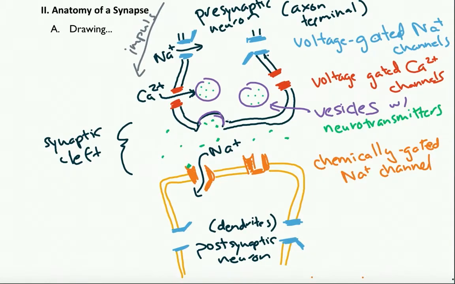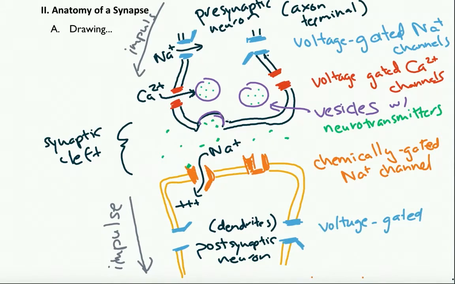And just like an action potential, that's going to make the inside a little bit more positive, which is then going to start inducing an action potential on the second neuron, because that charge change is going to open up the next part of the neuron's channels. It's going to do it through a charge chain, which means it's going to open up another voltage-gated channel for sodium, just like above with our action potential, as it leads down the neuron into another impulse.